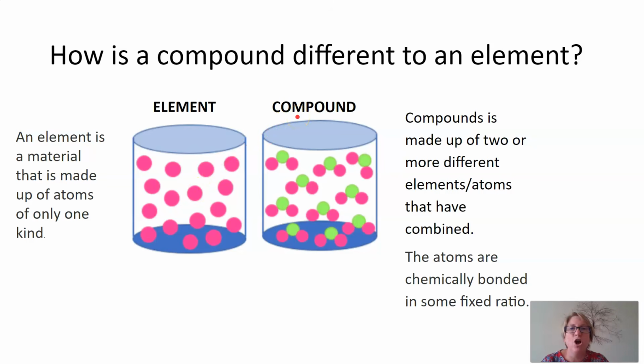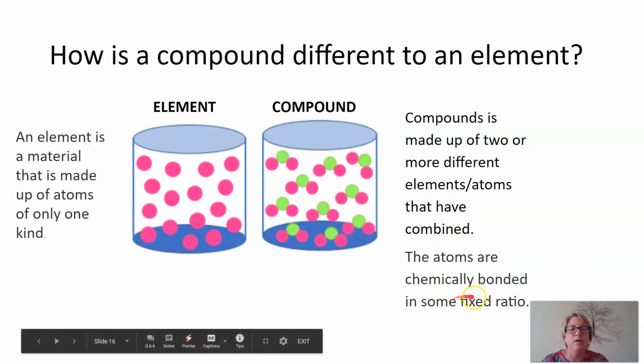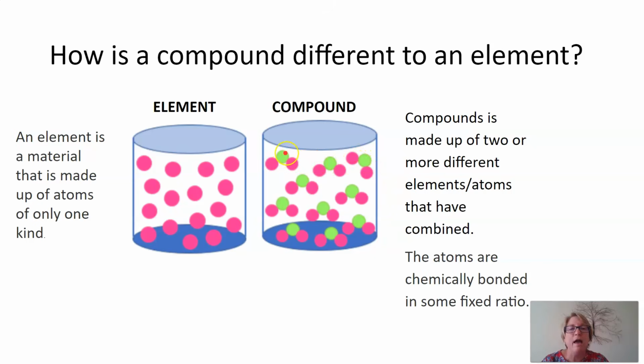A compound is made up of two or more different atoms or elements that have combined, and the atoms are chemically bonded in a fixed ratio. So in this diagram here, we have two different elements. We have a pink element and a green element, or a pink atom and a green atom, and they are chemically bonded.